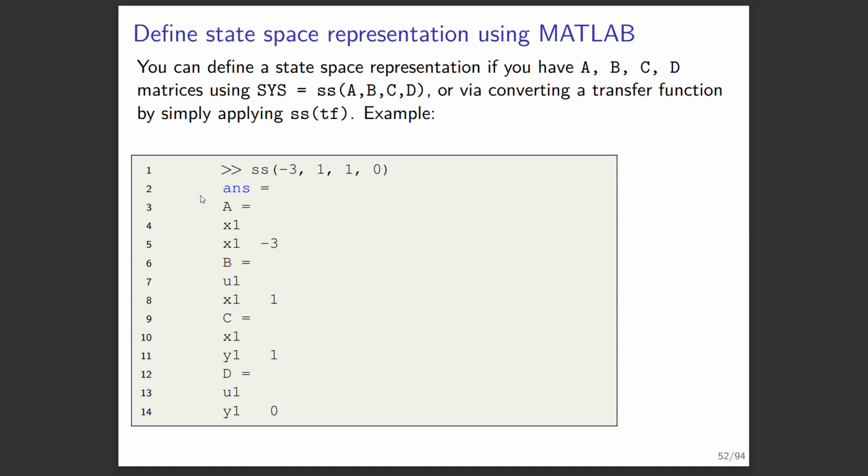An alternative is that if you know the transfer function of the system, you can just call the ss command on your transfer function, and it's going to write down the state space representation of the system from your transfer function.